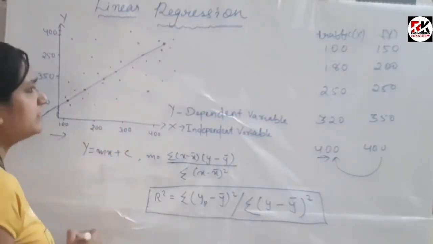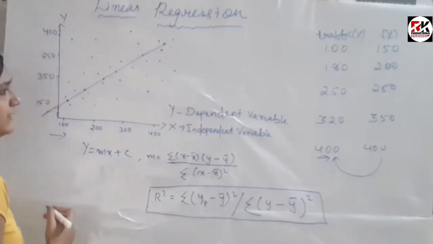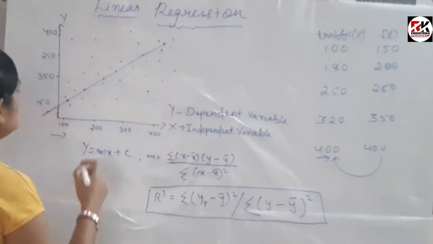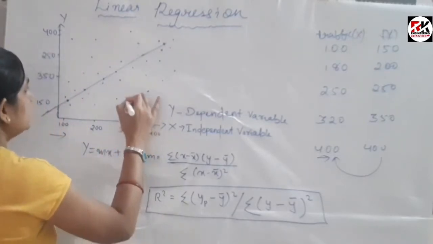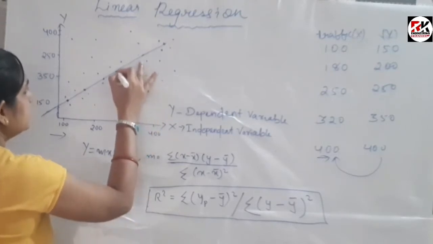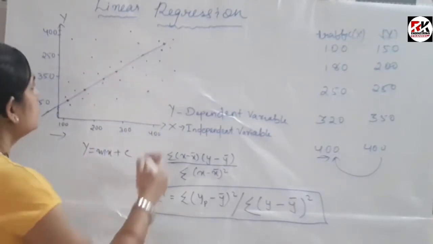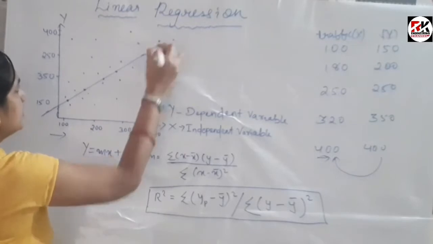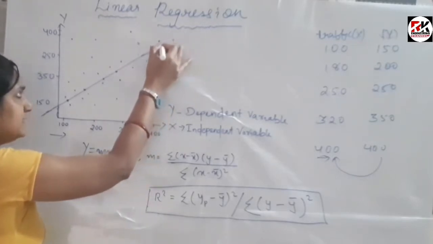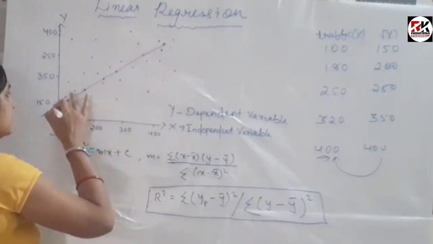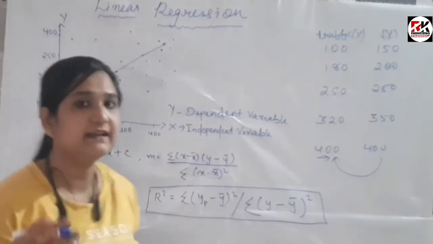When my x value, the traffic, is 320, my income is 350, so somewhere here I get a point. The last is 400, so I get a point over here. If I join these points, I will get a straight line.